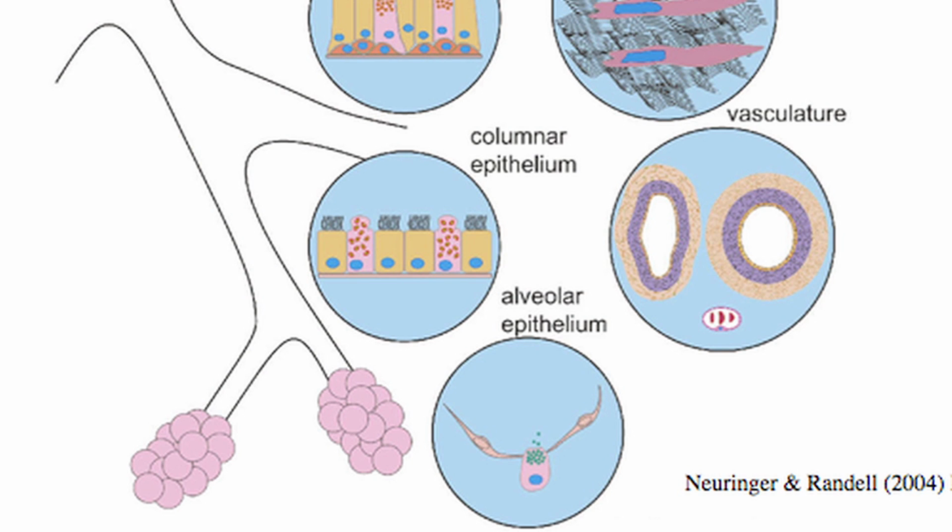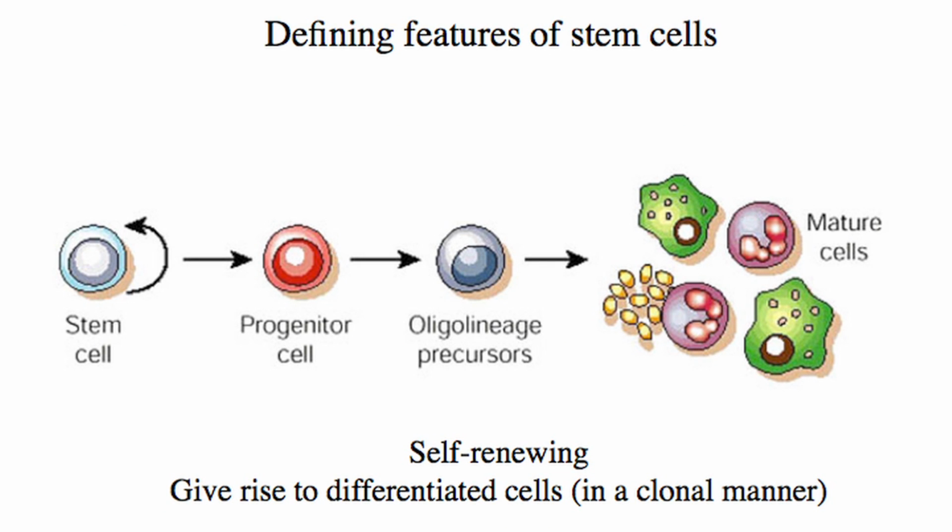Now, at this point, I want to remind you then how we can actually demonstrate stem cell function. And it's important to keep in mind the defining features that make stem cells unique from other cells in the body. So stem cells are the unspecialized cells that can give rise to the differentiated or mature cells that function within a tissue. And at the same time, they are unique in their ability to self-renew, which means that they can self-maintain and keep giving rise to more unspecialized cells.